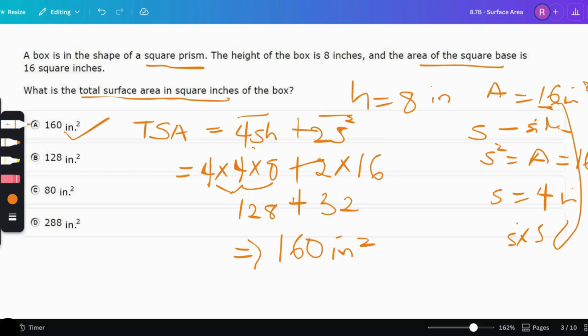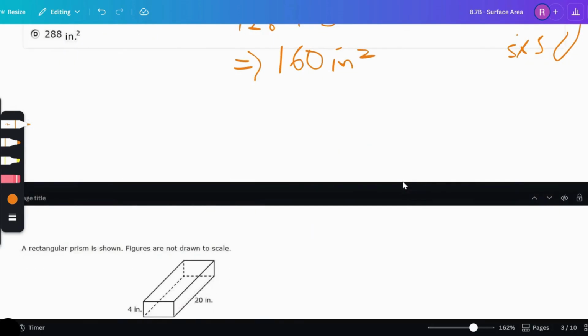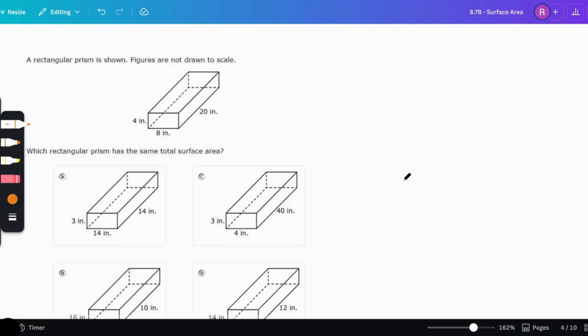If you are not given the side of the square prism, once you are given the area, just know that the side will be the square root of the area of the square base. So now let's look at the next question.